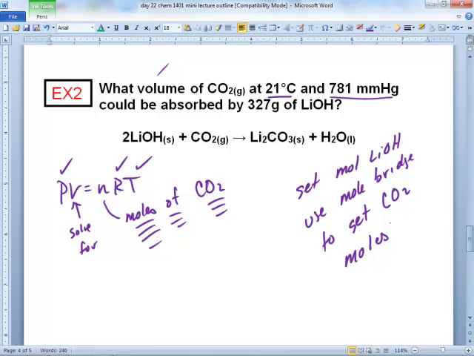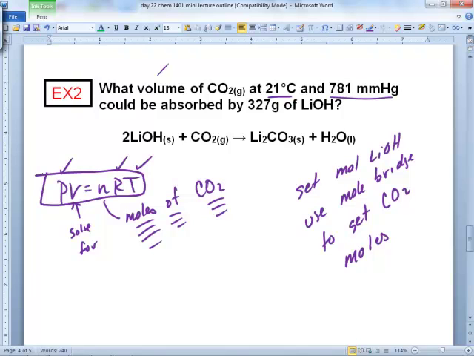Janet, you see the game plan? Did I lose you? Where did I lose you? So the little n has to be moles. The only way for us to get volume is to use PV equals nRT in the first place. We have to use this.